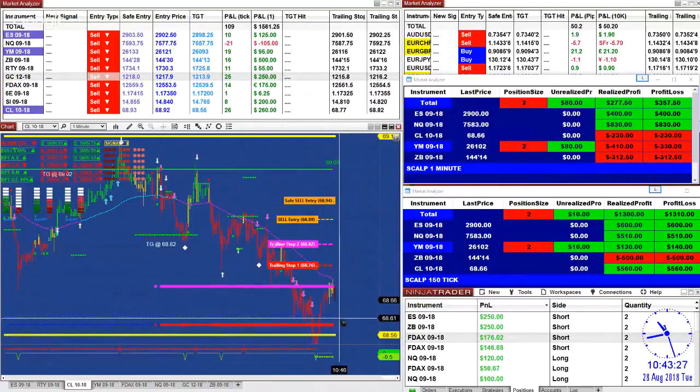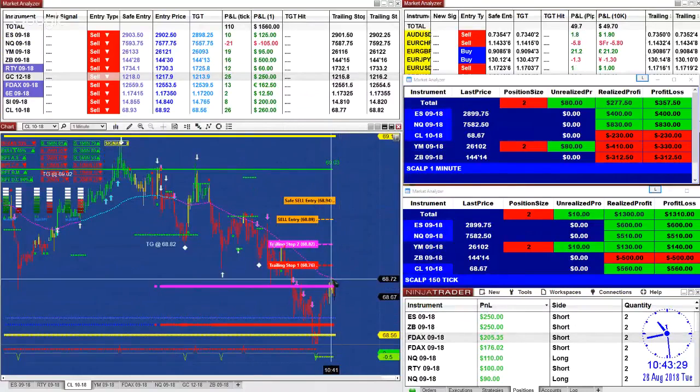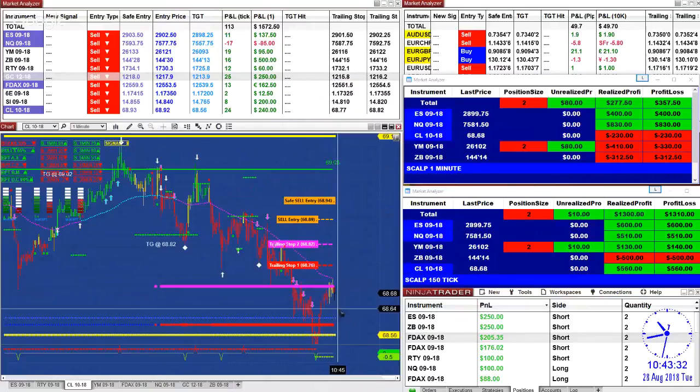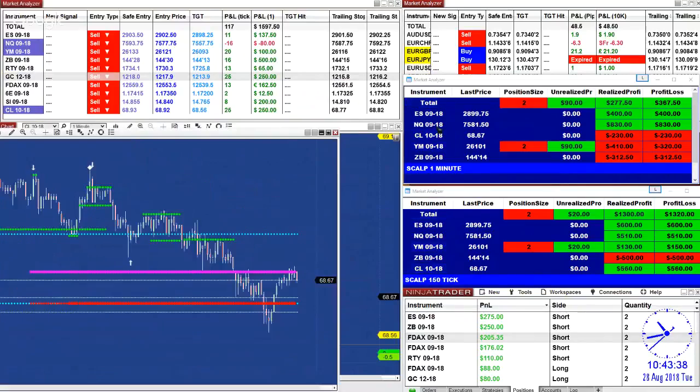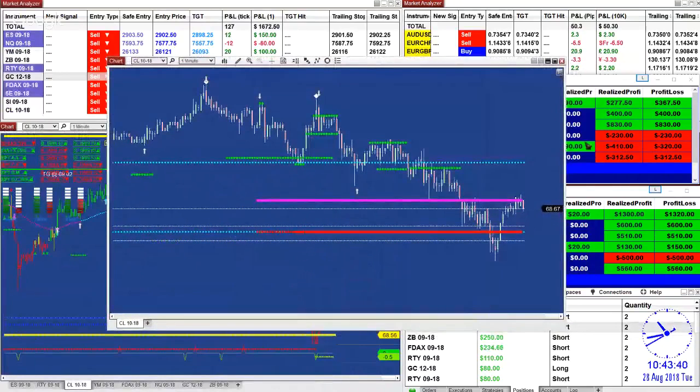The CL is coming to 68.61. We had a short here, but this is 7-8 ticks a trade. I'm not calling that trade on the CL.